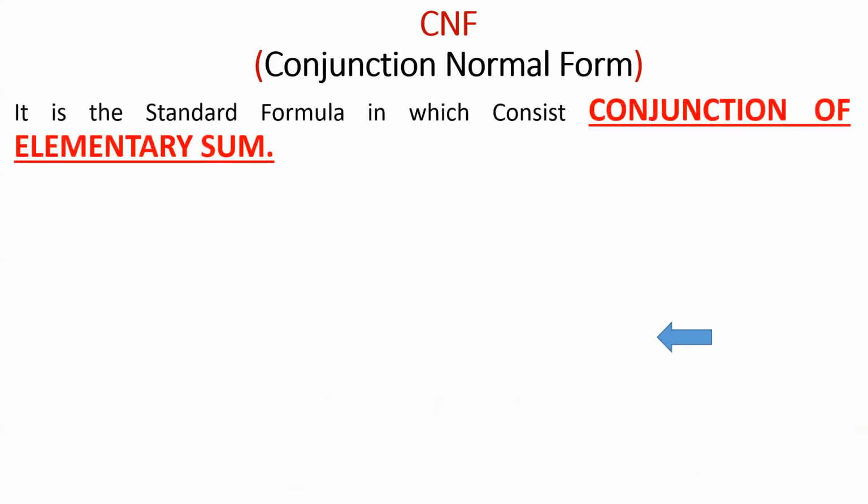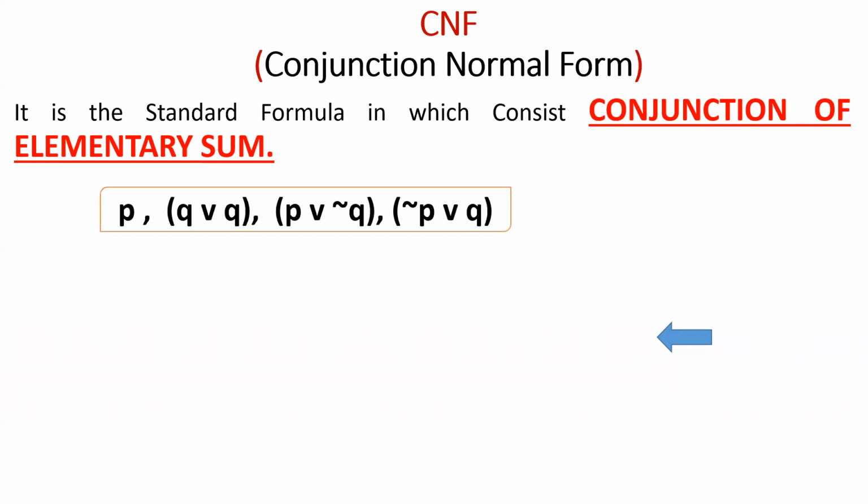CNF means conjunction normal form. What have we seen in DNF? DNF is disjunction of elementary products. So exactly the reverse, here C indicates conjunction. We are taking conjunction of elementary sums. Now see, P comma Q disjunction, Q comma P disjunction, negation Q comma negation P disjunction Q. Can we say these all are elementary sums with respect to P and Q? Yes.